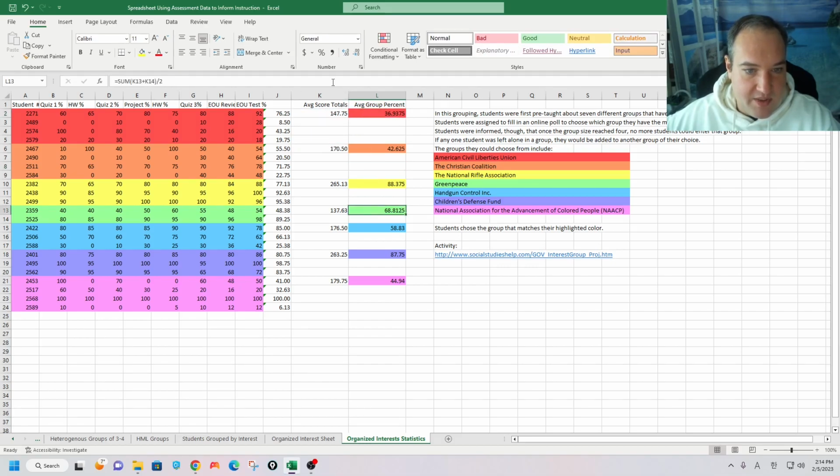Whereas this group only has 2, it's divided by these 2 students, and their average percentage is 68. In that way, I can guess that the National Rifle Association group and the Children's Defense Fund group should have pretty good presentations because their average scores are higher than some of the other groups, where I can guess that the American Civil Liberties Union group might need the most support.